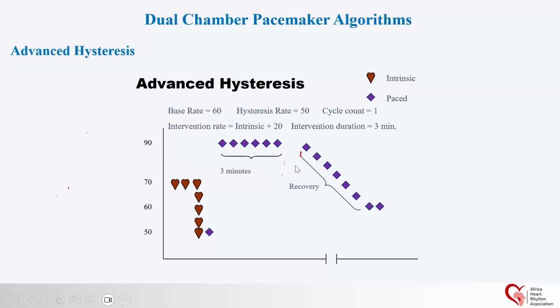After 3 minutes, we start the recovery time. This recovery time lasts until the pacemaker returns to the base rate. Because in this kind of patient, if we start to pace at 60 and the patient is at 70 or at 100, the patient may have a lot of symptoms.